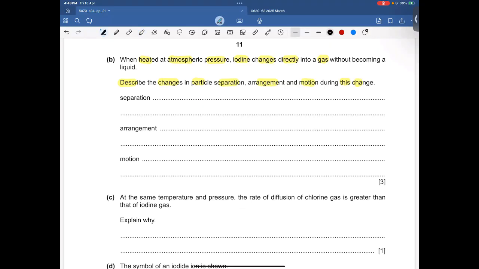In solid, they are closely packed, but in gas, obviously, they are very far away from each other. Far away from each other in the gaseous state. Arrangement: from regular to irregular arrangement.